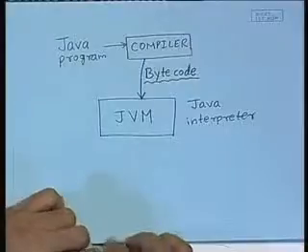Now, Java bytecode can be considered equivalent to the machine language of a hypothetical machine which does not exist, but it is a simple enough machine for which the compiler can easily generate code. Okay. So, Java bytecode is basically considered equivalent to the machine language of a hypothetical machine. That is why the concept of this virtual machine comes in, right.